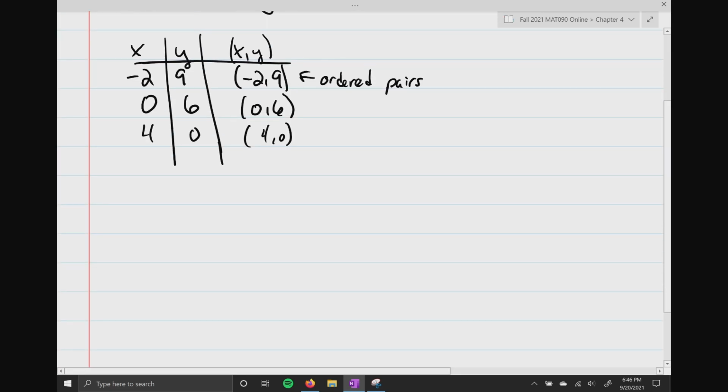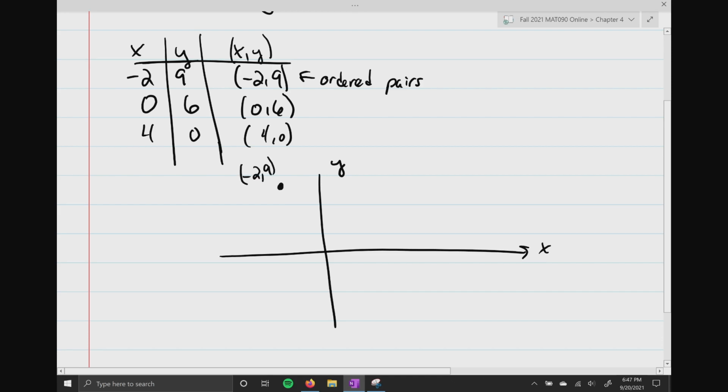So if I were to draw this, I'm going to do a little crude drawing here. All right, so -2, 9, that's going to be up over here somewhere. 0, 6, that's going to be right about here. And then 4, 0, it's going to be right about there. Notice I connect the dots and I get my line.